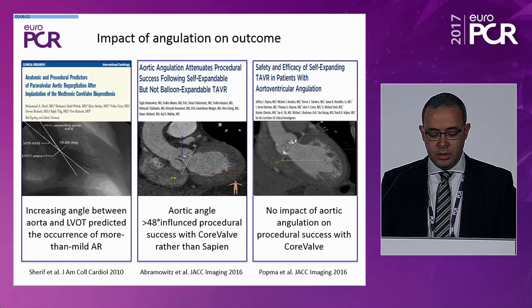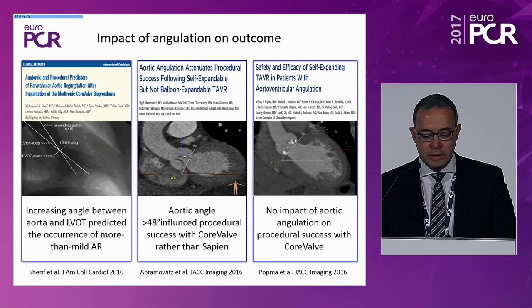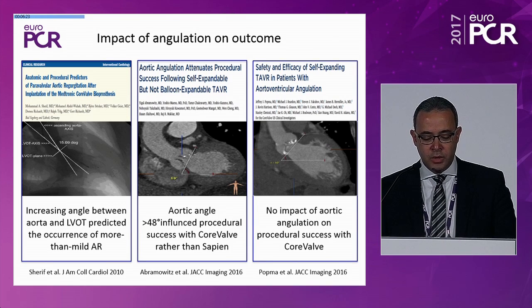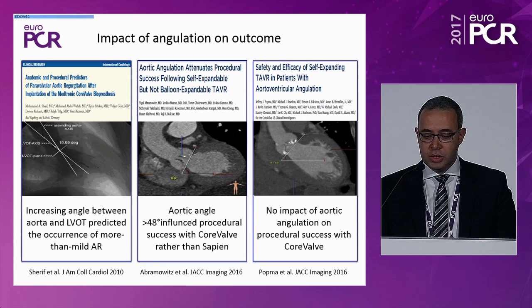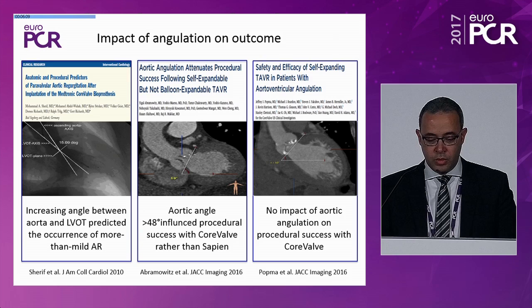There is one paper from the group of Raj Makkar, which measured the angle on CT and saw that there is a cutoff value which influences the implantation success with CoreValve but not with Sapien. But on the other hand, you can see on the far right a very recent analysis from the US CoreValve experience where angulation did not impact the procedure success with CoreValve.